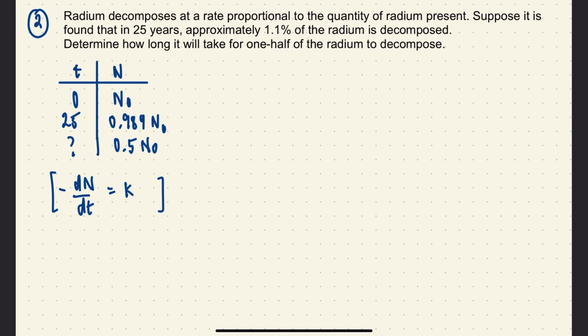Sorry, it's not kt, it's kN. Same process, variable separable. So it's 1 over N and dt. This becomes negative 1 over N dN is equal to k dt.